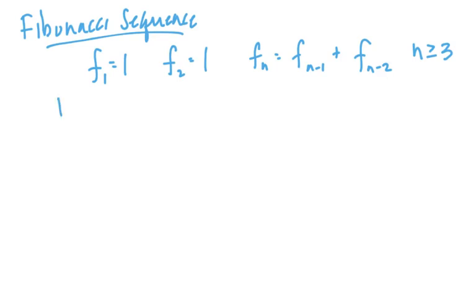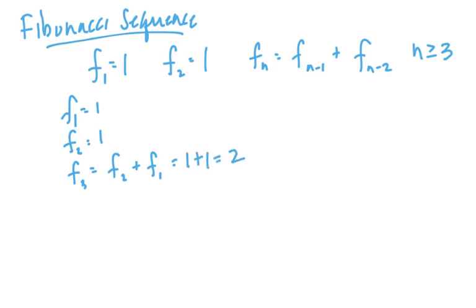So that means we start with 1, and then, well, let's put it back in that notation. So f sub 1 is 1, f sub 2 is 1, f sub 3 says I add f sub 2 and f sub 1. So 1 plus 1 is 2. F sub 4 says I add the two previous terms, so I'm going to add the 2 and the 1.